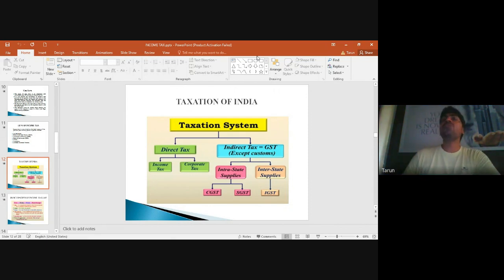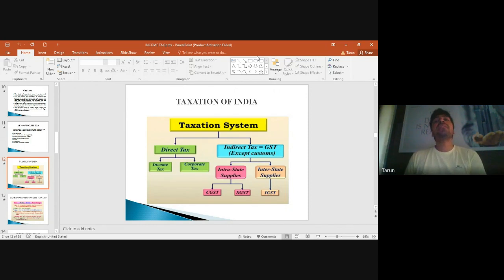right? The next one is interstate supplies. Interstate supply means a particular trader supplies goods to different states, right? For example, if a trader of Karnataka supplies goods to clients who belong to West Bengal, or you can say Haryana, right?